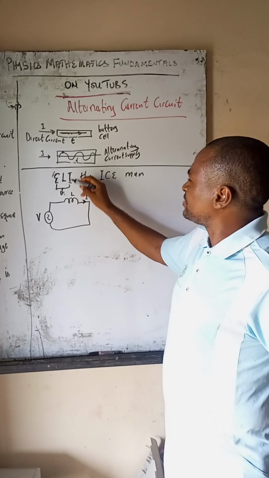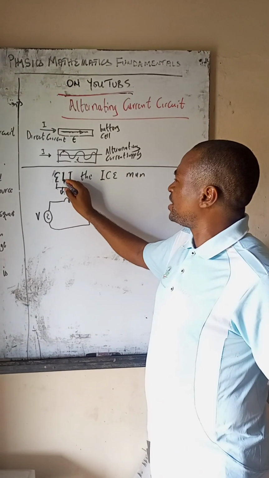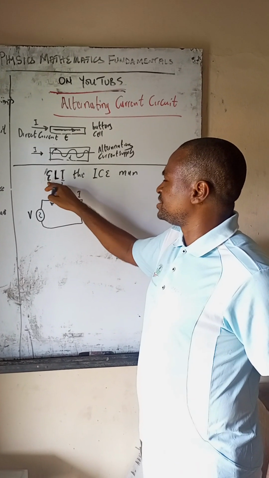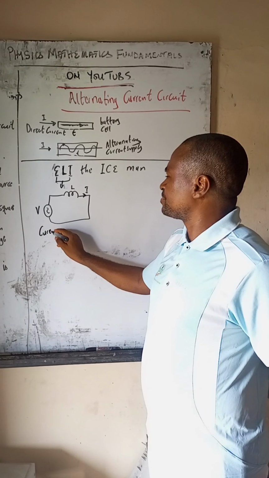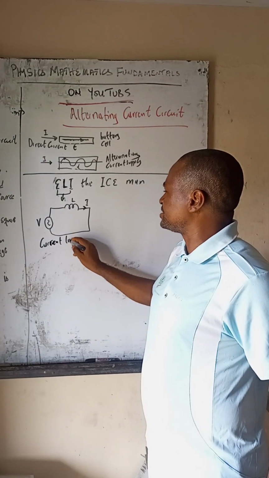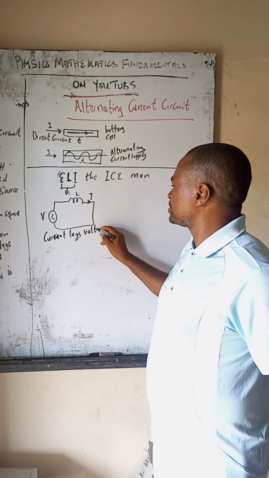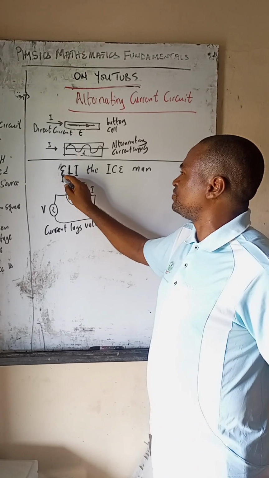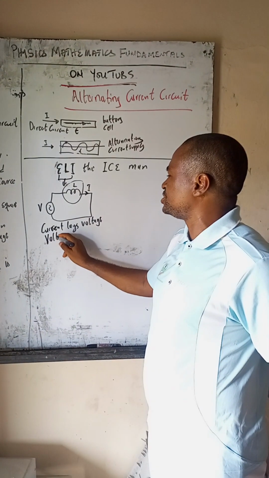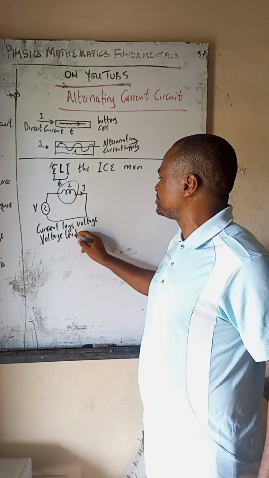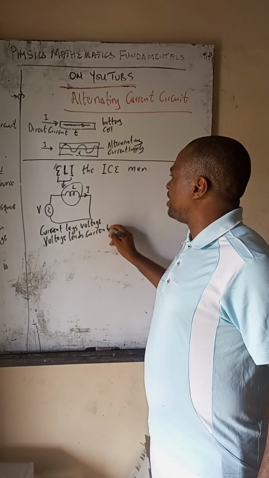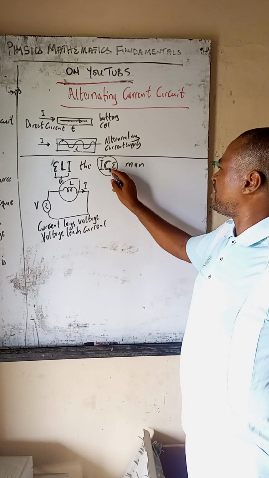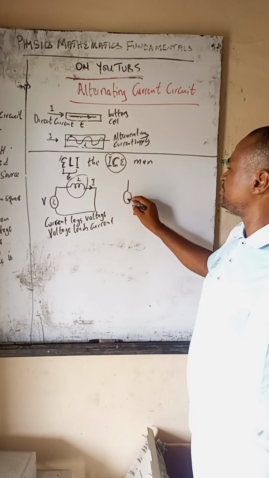For this particular circuit of inductor L, we say that the current lags the voltage, or we can say voltage leads current.